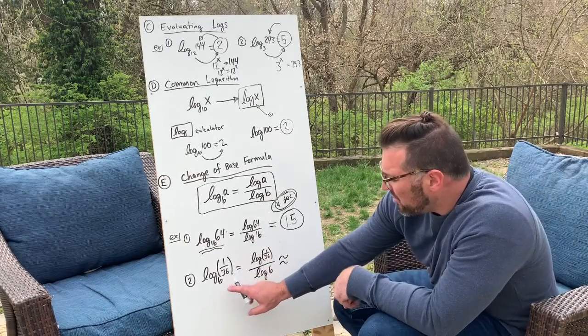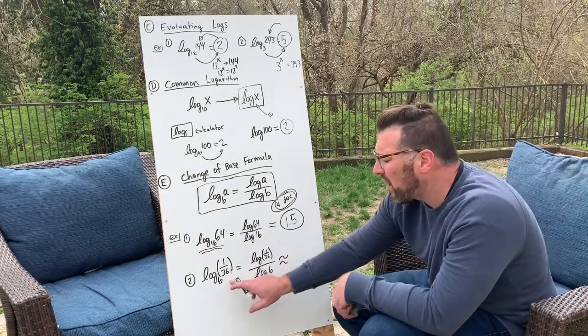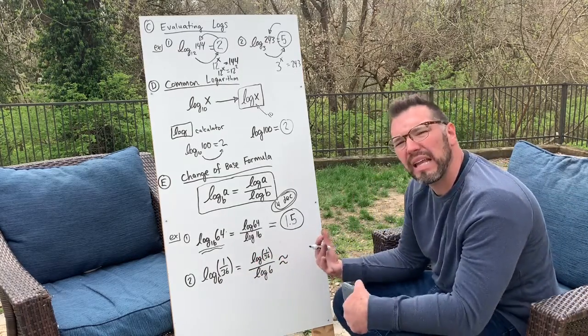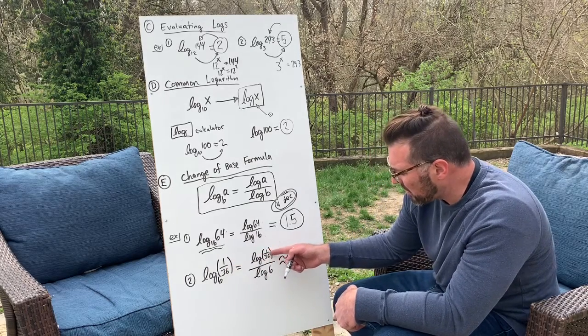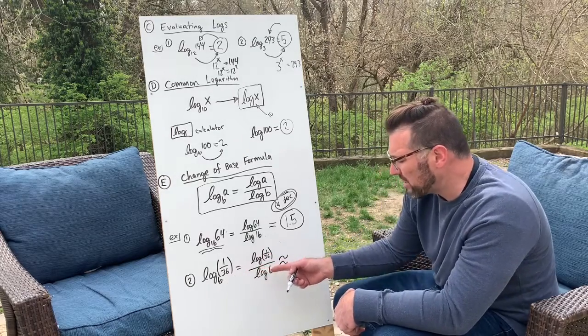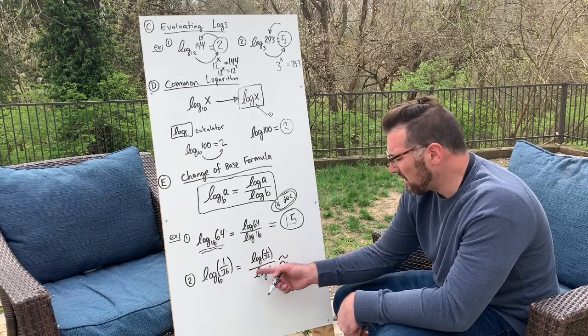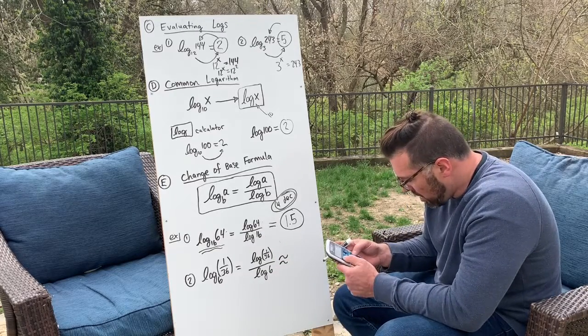Okay, you might automatically know what this is, but if not, let's use the change of base formula to make it easy. So the input is 1 over 36. So I'm going to put that on the top of my fraction as an input into the common log. And I'll use the base on the bottom of my fraction as an input into the common log. And I'm going to type this into my calculator. Let's see.